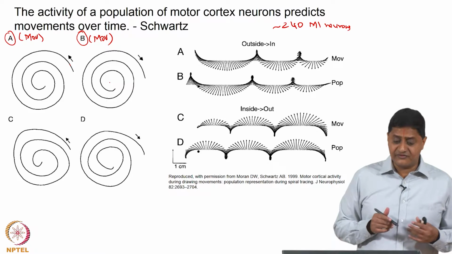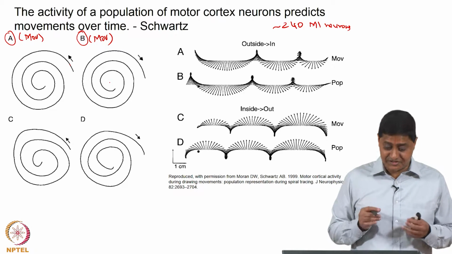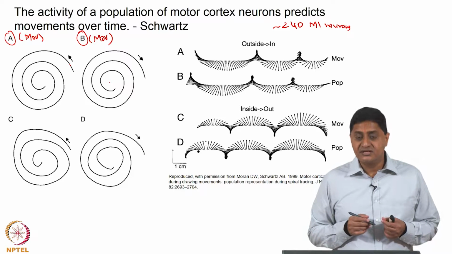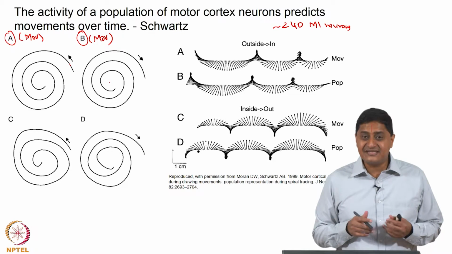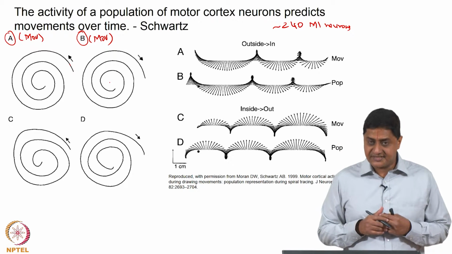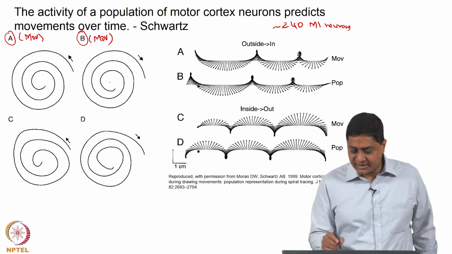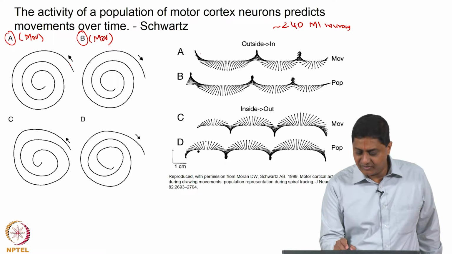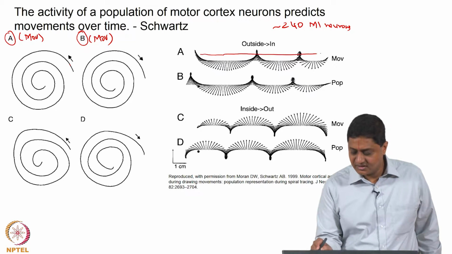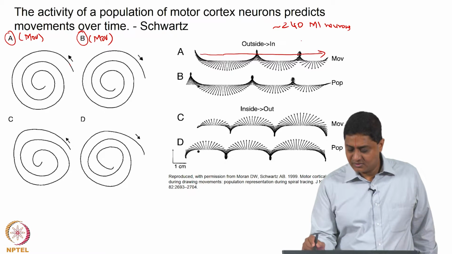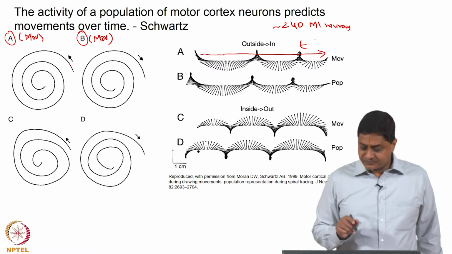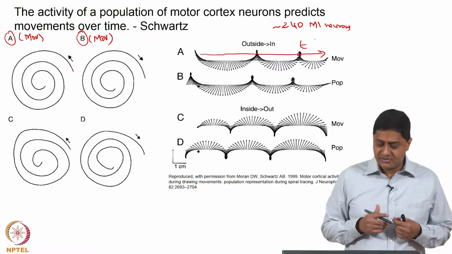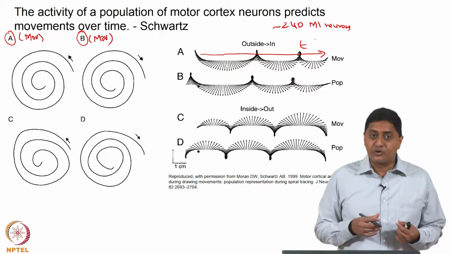Figures A and B represent the actual movement trajectories. From these movement trajectories, it is possible for me to decompose them into instantaneous directions and velocities. When I do that, I get a time series, or a temporal sequence, of vectors with instantaneous directions and speeds encoded in them.